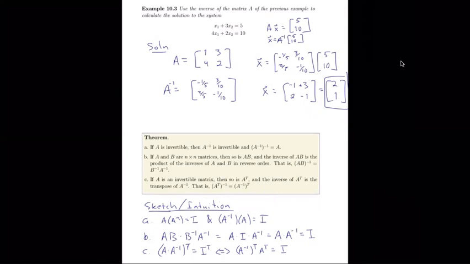So let's see, in the case of the matrix AB, if A and B are both invertible, well, then B inverse A inverse exists, right? So if we make the product B inverse times A inverse, we see that AB times B inverse A inverse, well, the inside product, B times B inverse, is just I, the identity matrix, so that's just A times A inverse for the two outer matrices, and we end up with this.